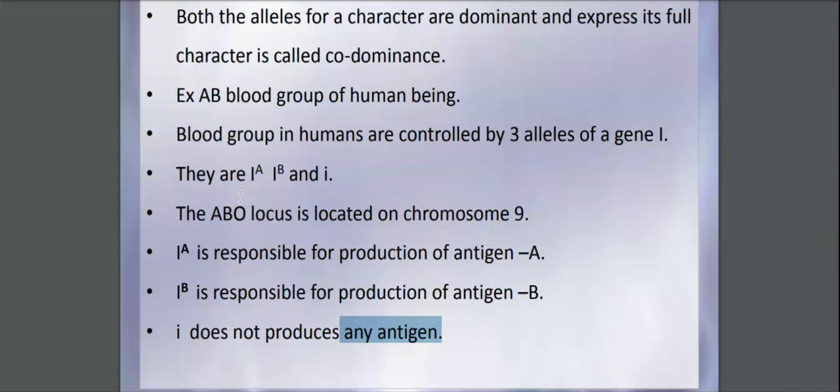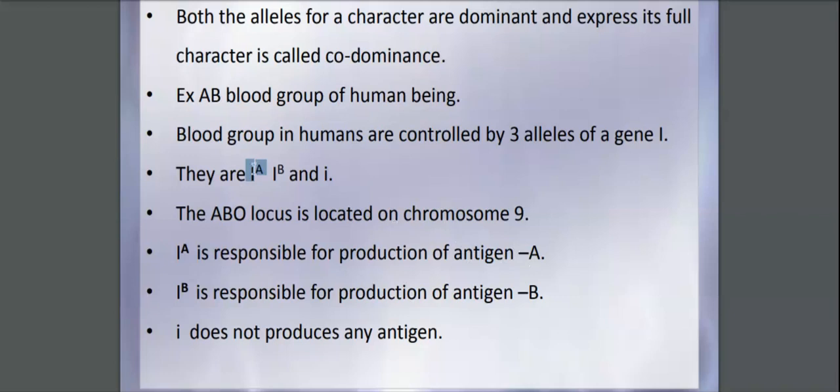So, a person who has, say, the IA allele in his or her red blood cell will produce an antigen on the surface called the A antigen.